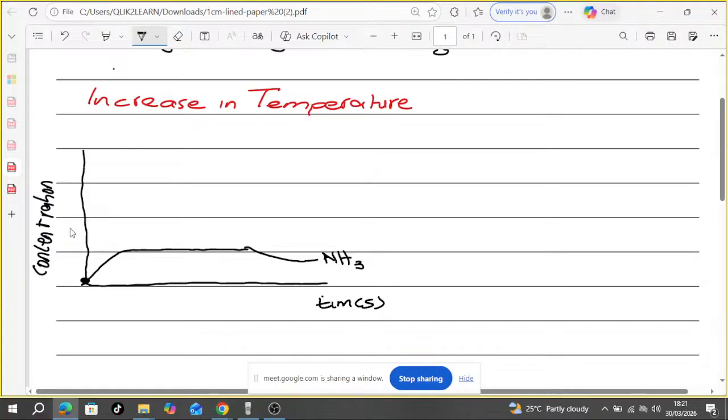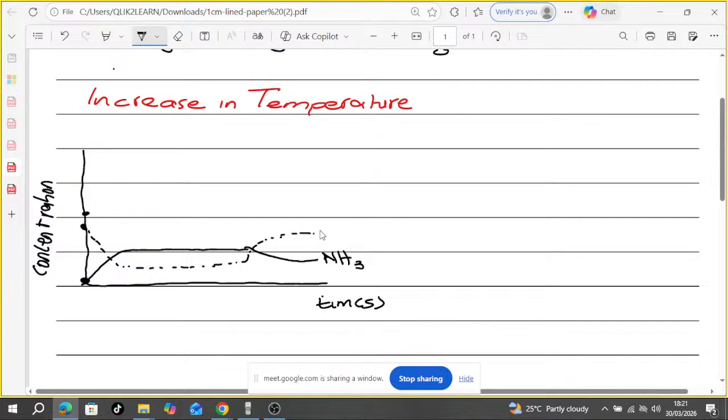Let's say that from this point, the nitrogen will drop. Let's make the graph clearer. They start dropping from this point, then when it reaches this point, it moves in that direction, then it switches and moves in that direction.